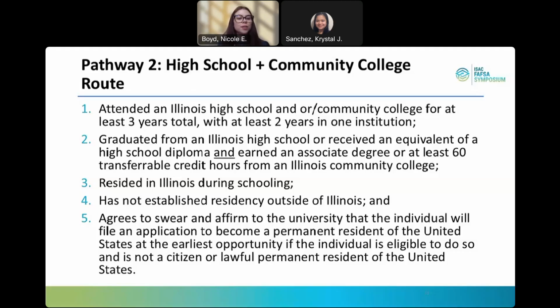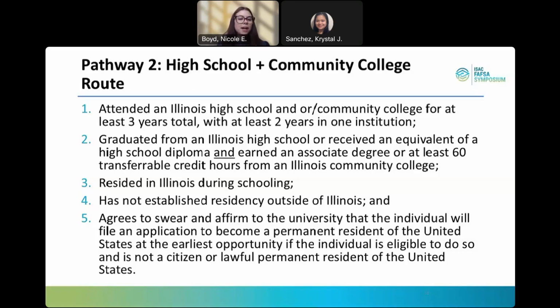So moving on to the second element, they have to have graduated from an Illinois high school or have received an equivalent of a high school diploma and earned an associate's degree or at least 60 transferable credit hours from an Illinois community college. So an associate's degree or the equivalent of 2 years of credit hours from an Illinois community college. They do have to have resided in Illinois during that time of schooling.